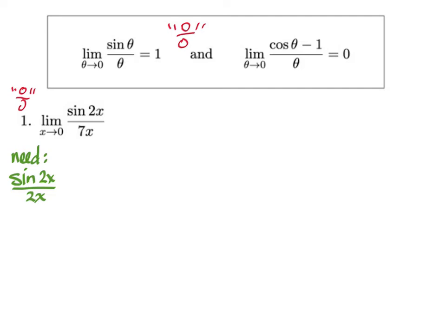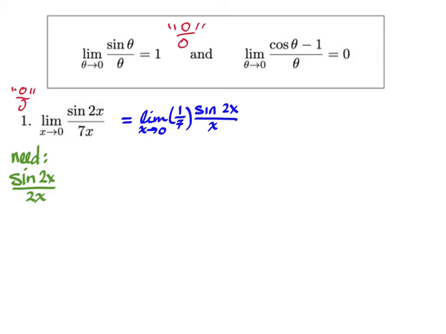The first thing I'm going to do is get that 7 away from that x, so I'm just going to factor out a 1/7. So I have the limit as x approaches 0 of 1/7 times sine of 2x over x. Now notice all I need is a 2 in the denominator, so I can have a 2x down there. In order to get that, I just need to multiply the denominator by 2. But whenever we do that, we have to multiply the numerator by the same thing.